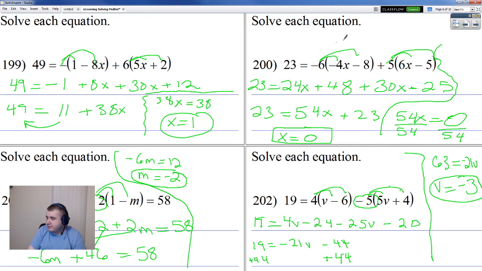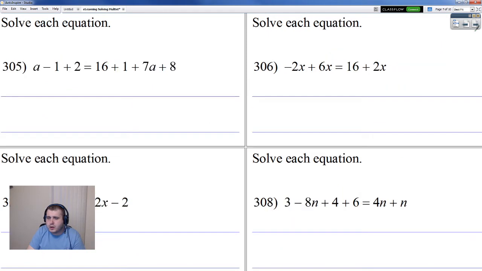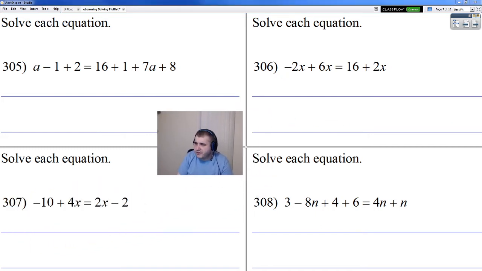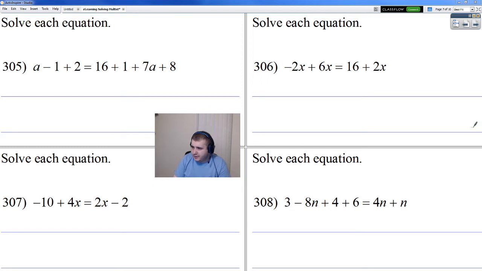I think we have enough time for one more. Yeah, actually probably 2 more. So what makes these different is that there is a variable on each side.